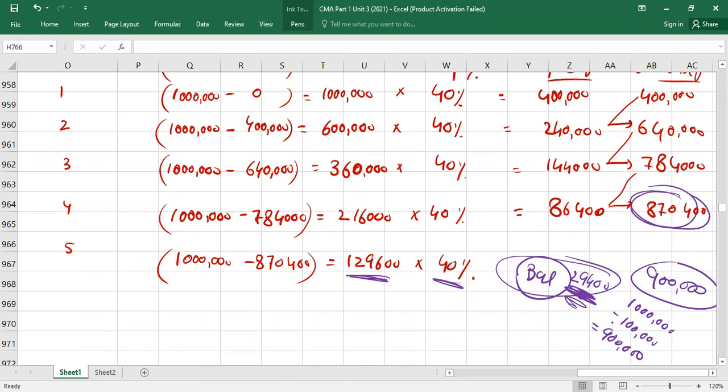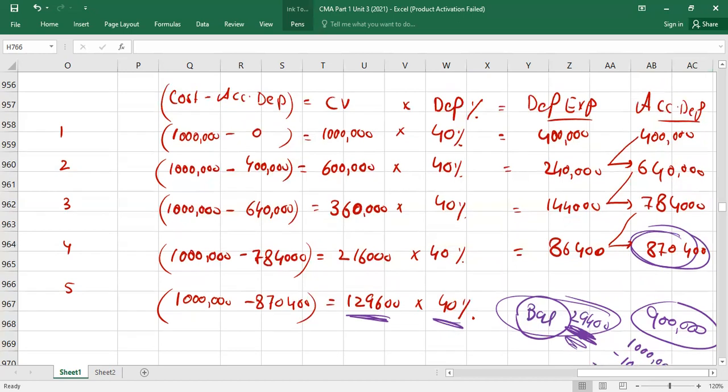Okay, in an exam question, for example, if this is the question and they ask you what is the depreciation expense for the second year, from this table you have to find. What is the answer? 240,000. Right? If they ask you what is the cumulative depreciation at the end of the third year, the answer is 874,400. Right?